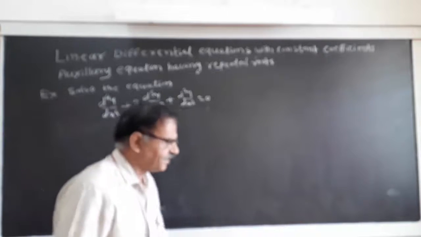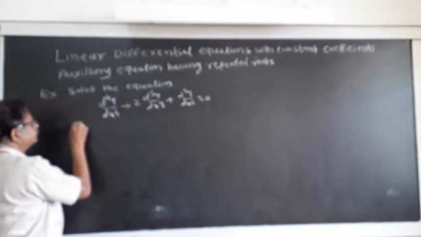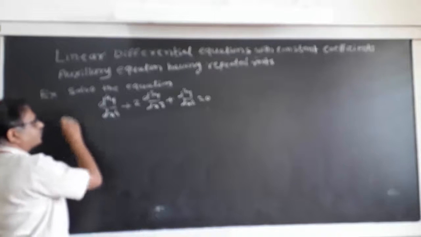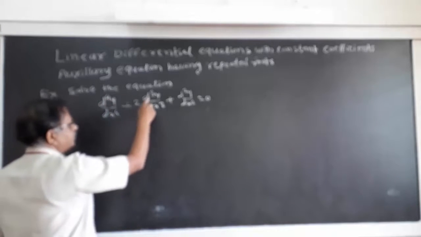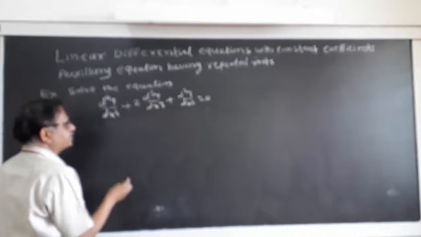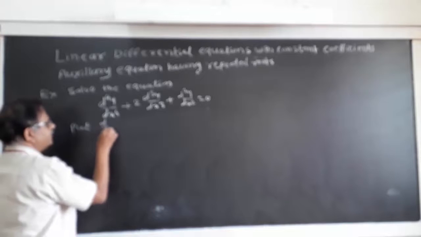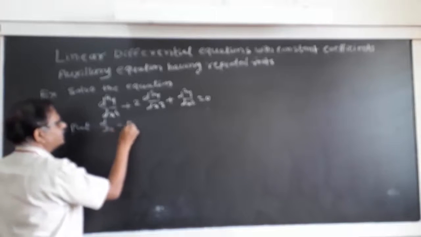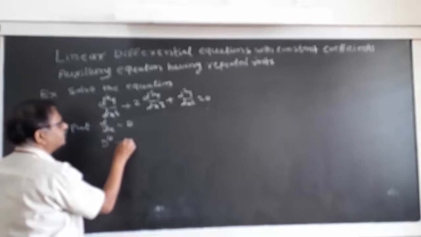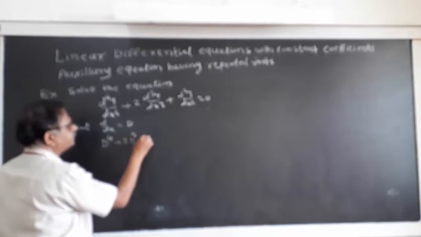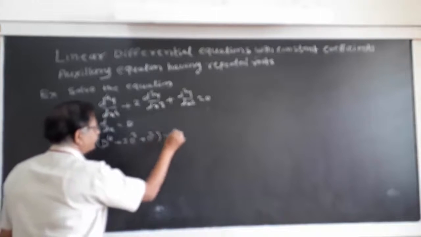Here we shall put d by dx equal to capital D. For solving this, we put d by dx equal to capital D. Therefore, this equation becomes (D raised to 4 plus 2D cube plus D square) y equal to 0.